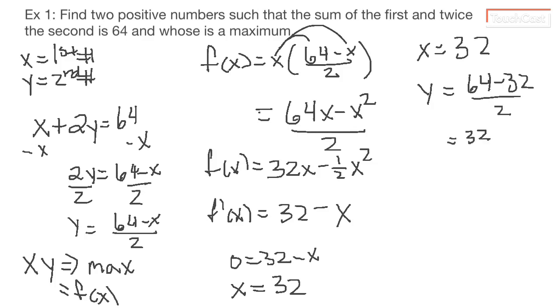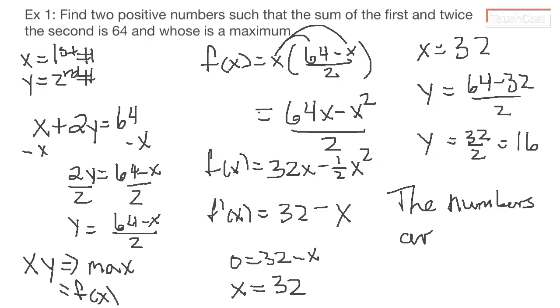And if I take 32 and divide it by 2, I'm going to get 16. So y equals 16. So that means the numbers that we're looking for are 32 and 16.